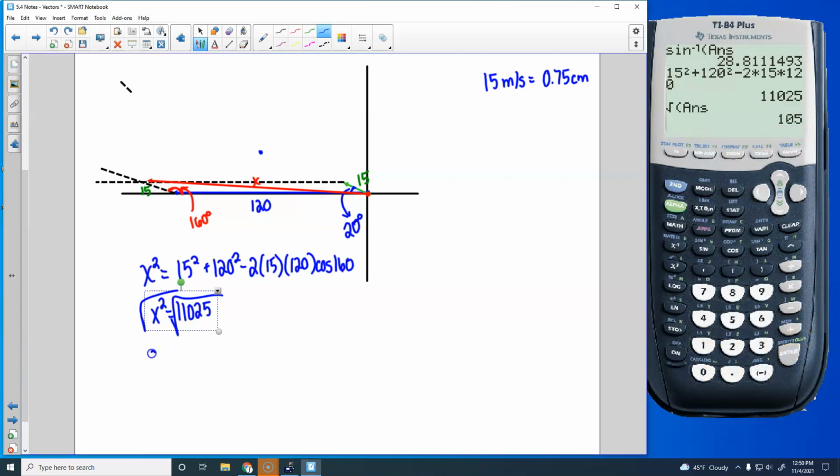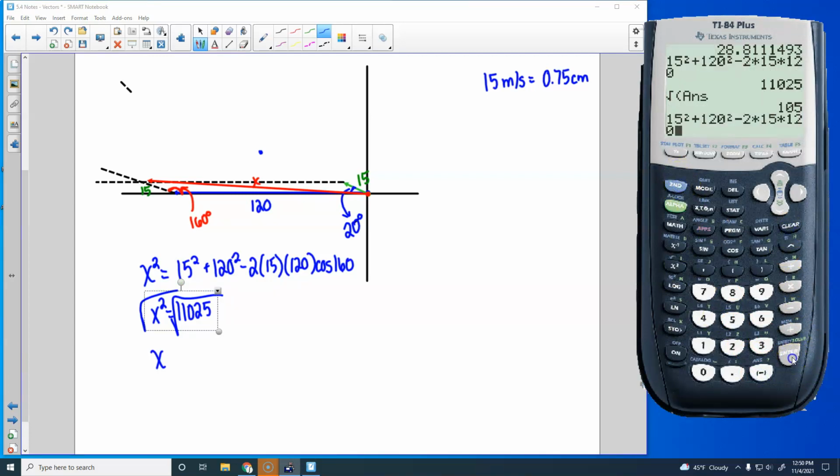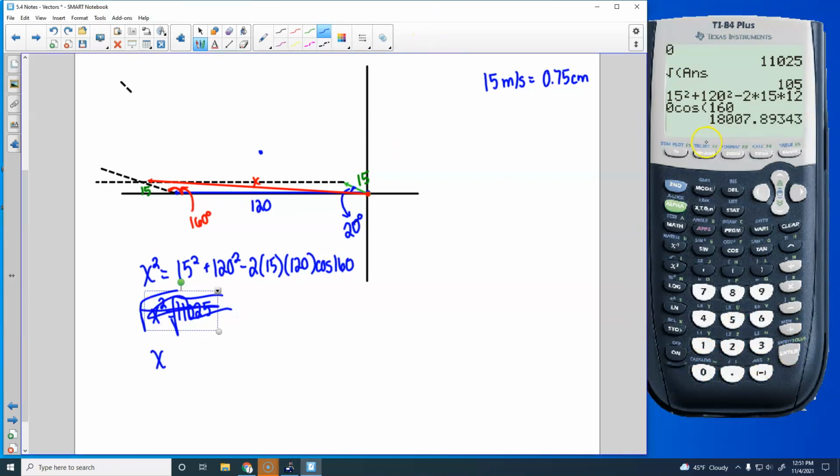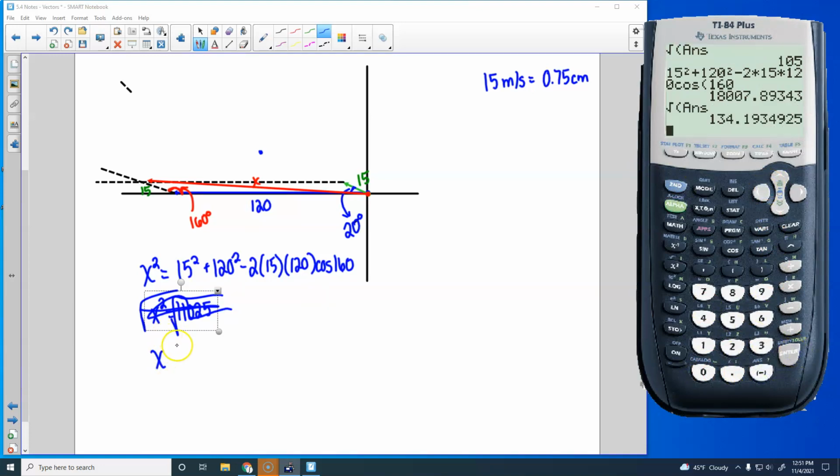Is that supposed to be perfect? Oh, no, I didn't put cosine, did I? Let me try that again. Alright, let me put cosine of 160 here. Okay, ignore that I wrote that down. That's not right. We're going to take the square root of this. It's going to give us 134.193.